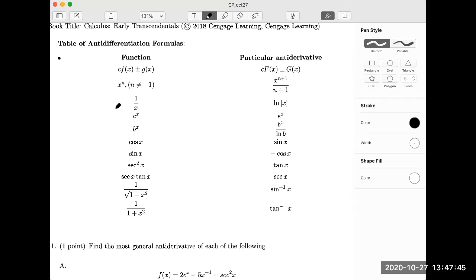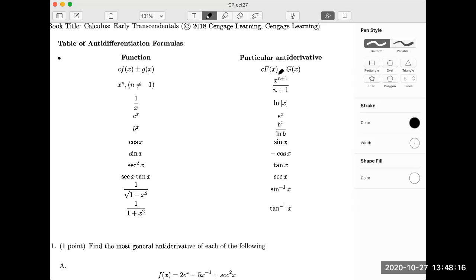Here is a table of antiderivatives and some particular antiderivatives of some functions. So if C is a constant and F and G are functions, capital F is an antiderivative of small f here. Capital G is an antiderivative of small g. Then C times f will be C times capital F, the antiderivative.